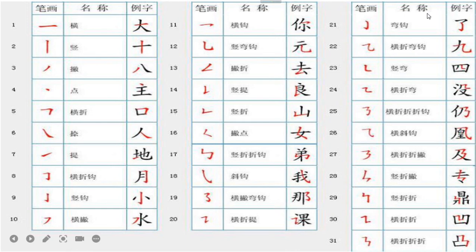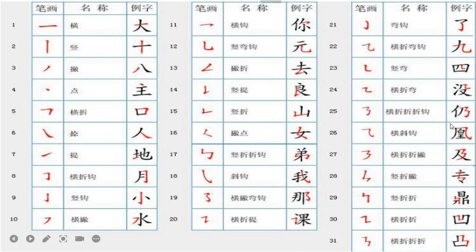横折弯钩, 九. 竖弯, 四. 横折弯, 没, nothing. 横折折钩. This one, 人就.